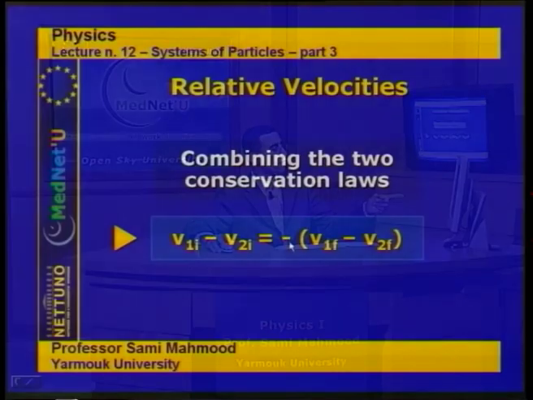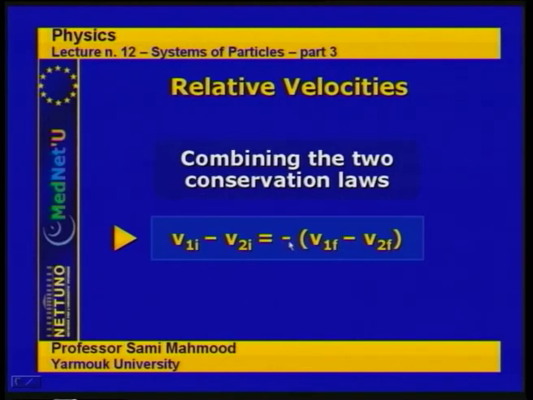Opposite in sign because of the negative sign before v1 final minus v2 final. This negative sign implies the opposite direction because the velocities, as we know, are vectors.